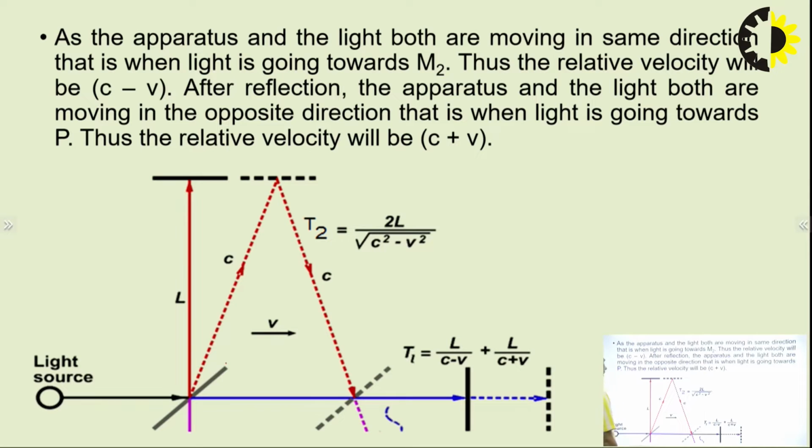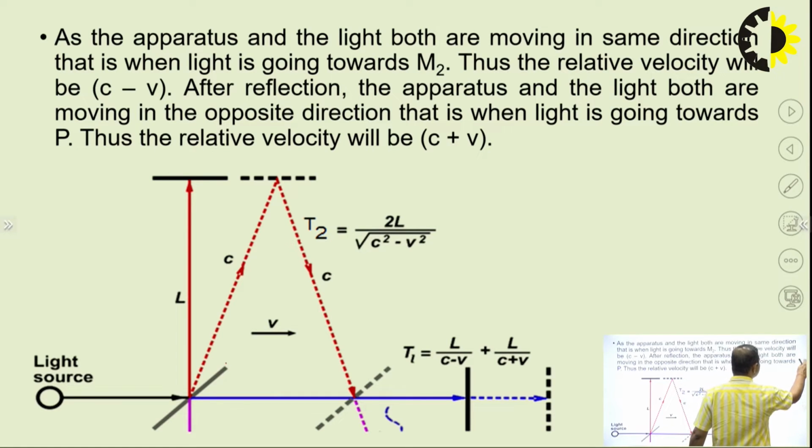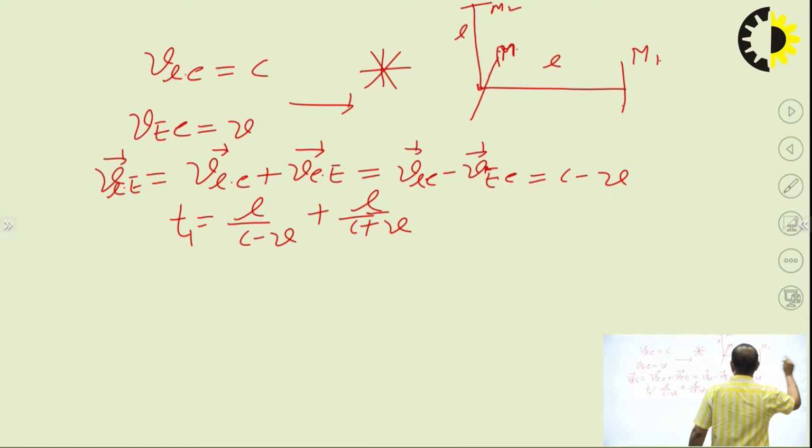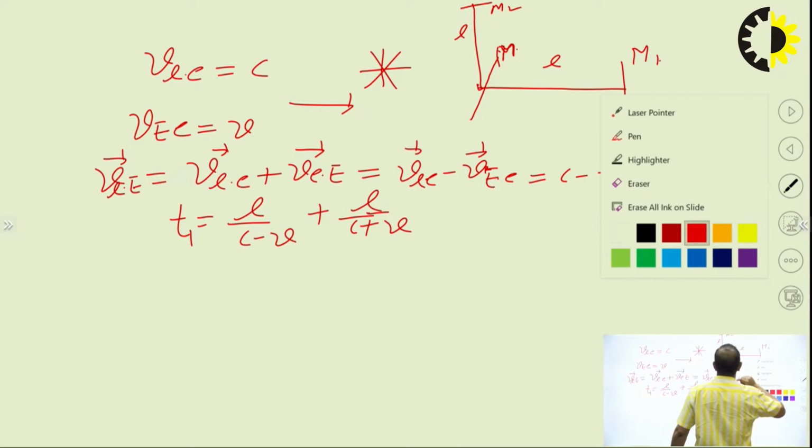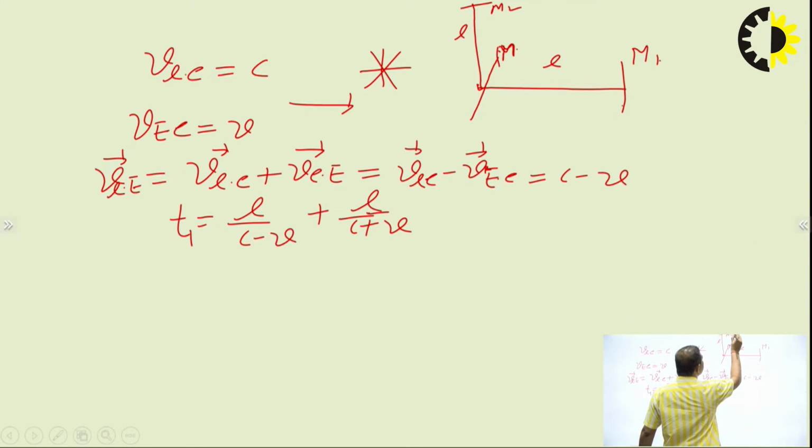We have to estimate the whole time of this journey. Let's say t is the time taken by the light beam with respect to the ether frame from this point to this point, so the distance covered by the light beam will be ct. In this way, we can say that the mirror has been shifted.